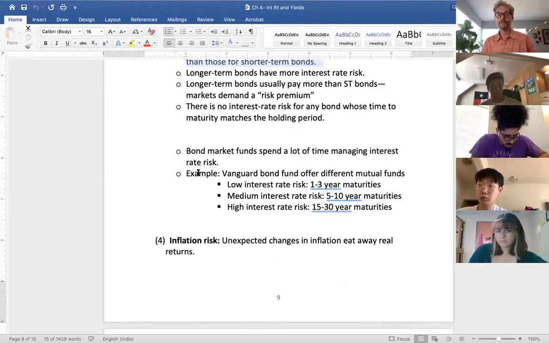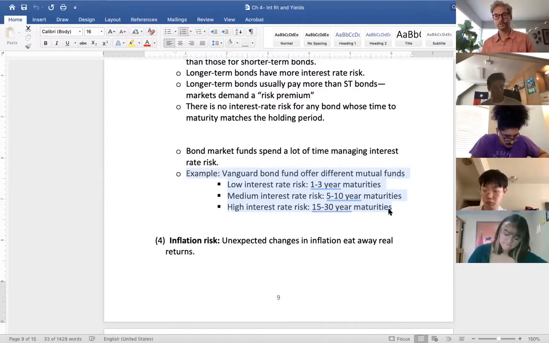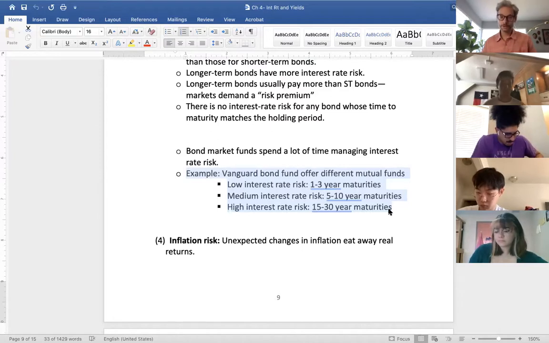So just for an example of this at work, Vanguard is, I think, the world's largest mutual fund provider. Vanguard has hundreds of different types of bond funds, right? But they offer bond funds that basically have low interest rate risk, medium interest rate risk, and high interest rate risk, depending upon how much risk you're willing to accept.